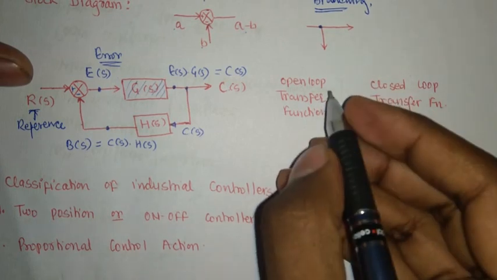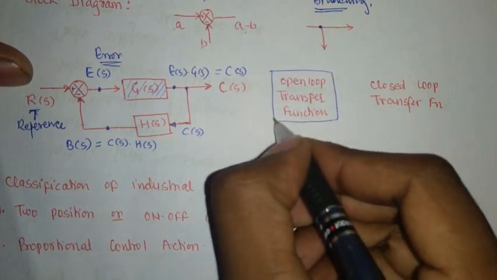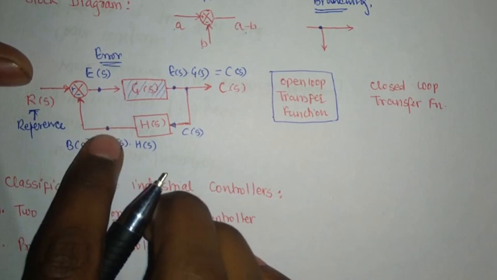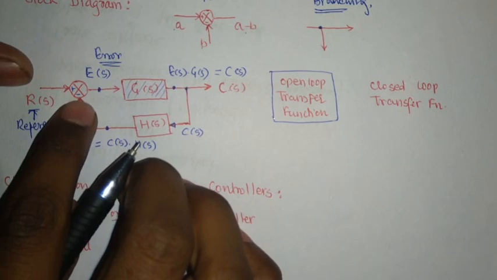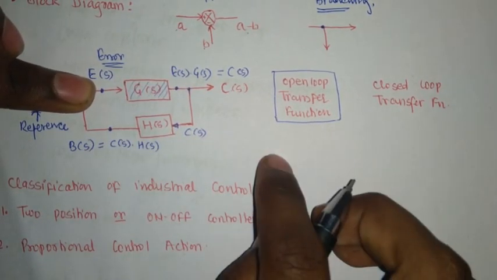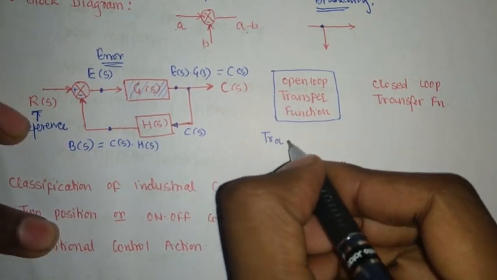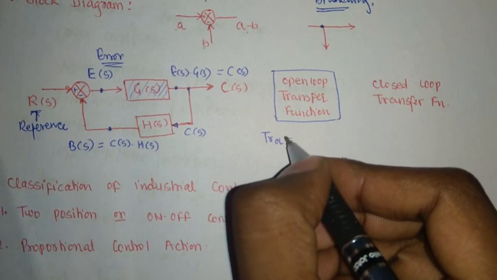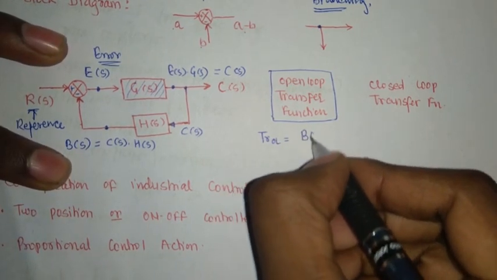B(s) I'm calling it. Now when I talk about the open loop transfer function for this particular system, what will it be? In the case of open loop, this would not have been going back to this. I would be having it right from E(s) to my B(s). So the open loop transfer function would be equal to B(s) upon E(s).